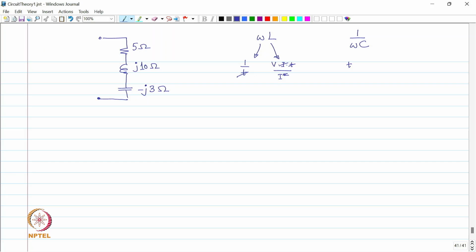So, C is Q by V, and 1 by C is V by Q, that is, voltage by charge, and charge is current into time, and time cancels out. Okay, so this is also ohms.